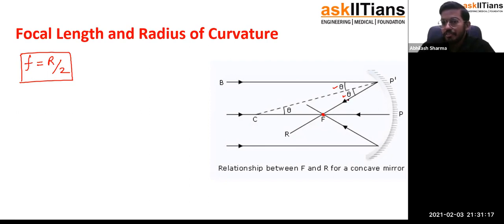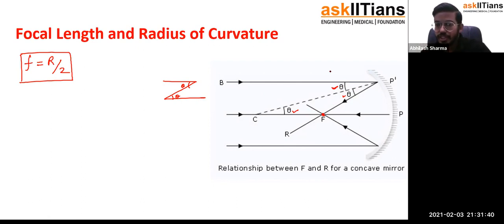And by alternate interior angles, this theta must also be equal to this theta. Everybody can see a Z getting formed. So the other angle is also theta.